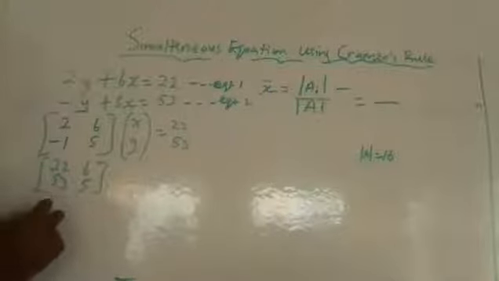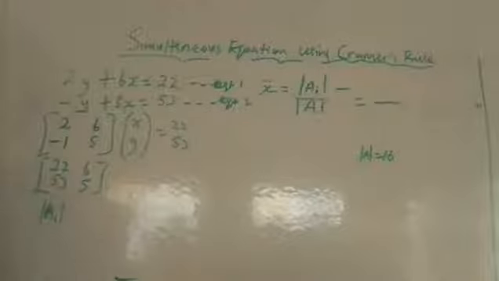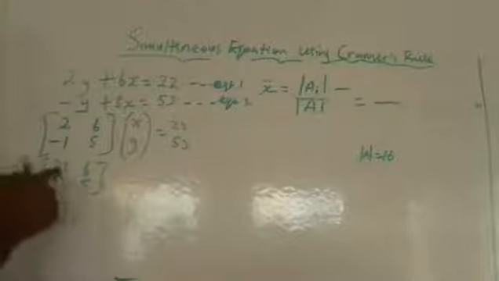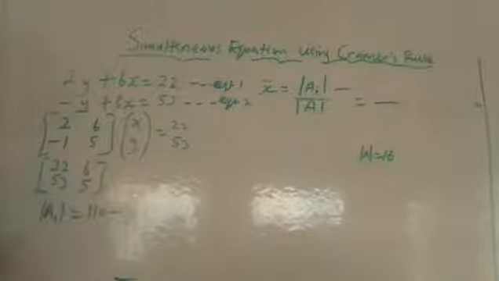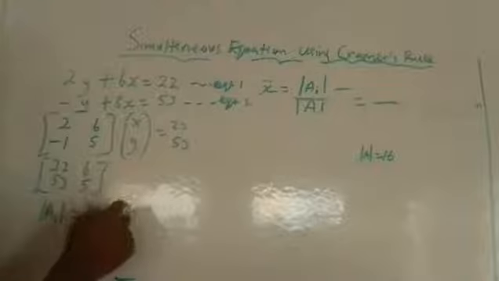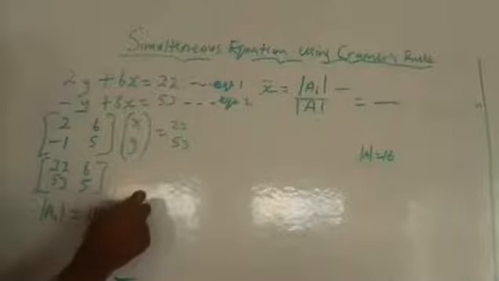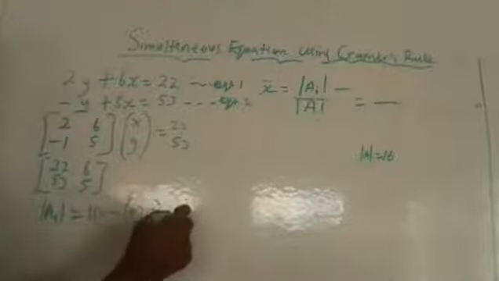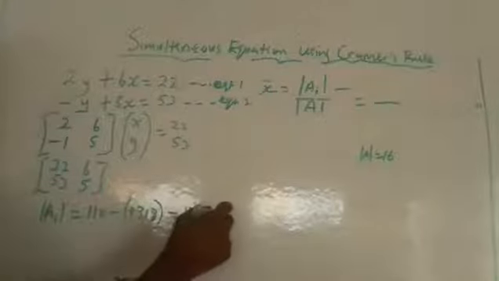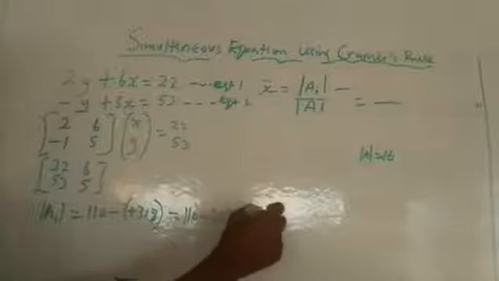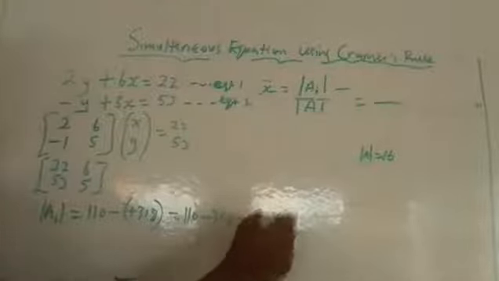The special determinant will give you 22 times 5, 110, minus 53 times 6, which is 318. So your answer will be 110 minus 318, which is minus 208.